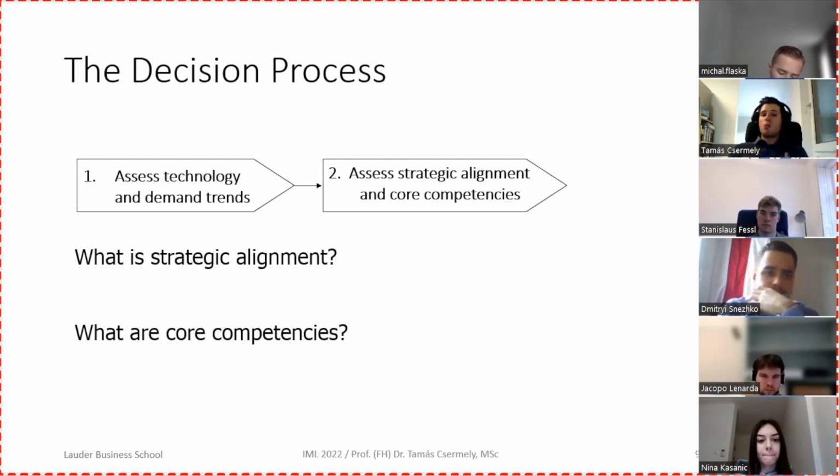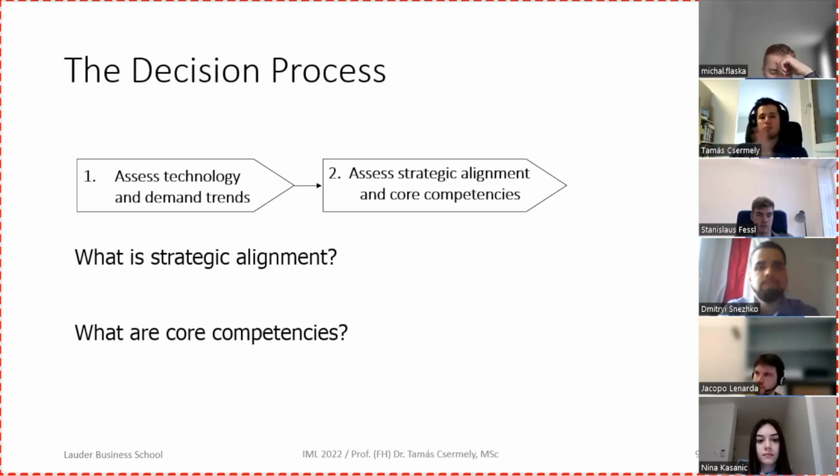So I have to assess what is my value proposition to the client, to the customer. What does the customer expect from me? What are my own core competencies, and how do they align with my overall strategy? Where do I want to see my company in 1, 2, and 5 years? Of course, all of this has to happen not on a philosophical level, but more in a KPI and metric-driven way.